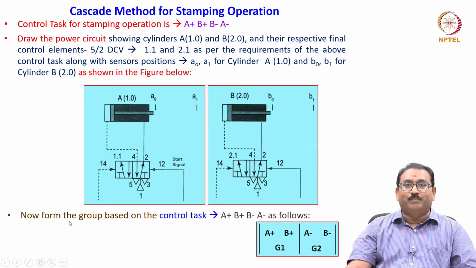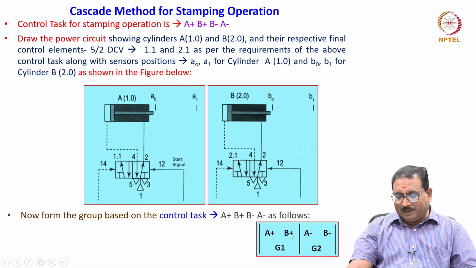Now, very important things. After drawing the power circuit, now form the groups. What will you do now, friends? Now form the groups based on the control task A plus, B plus, B minus, A minus as follows.